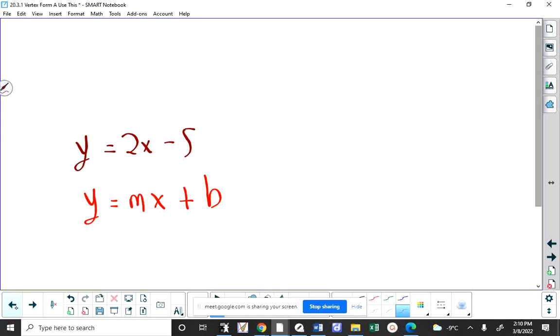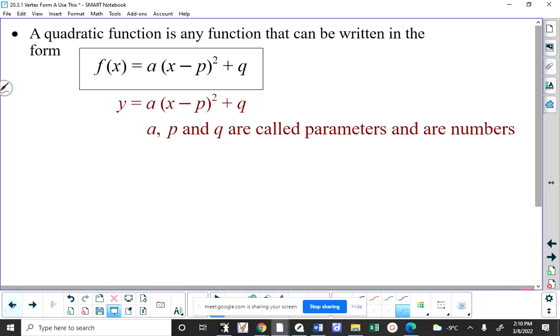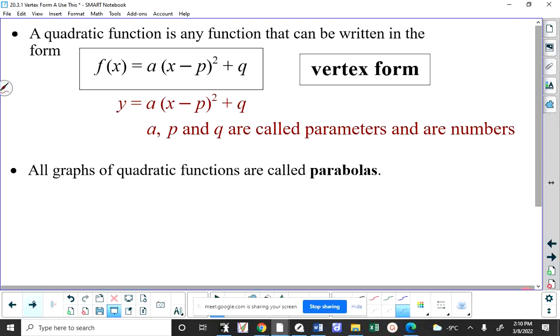This is called the slope y-intercept form because it tells you that. This is called the vertex form because it tells you the vertex. There's some feature of a quadratic graph that we look at and we go, that's the vertex right there. That point is the vertex. And that point can be determined by looking at A, P, and Q.